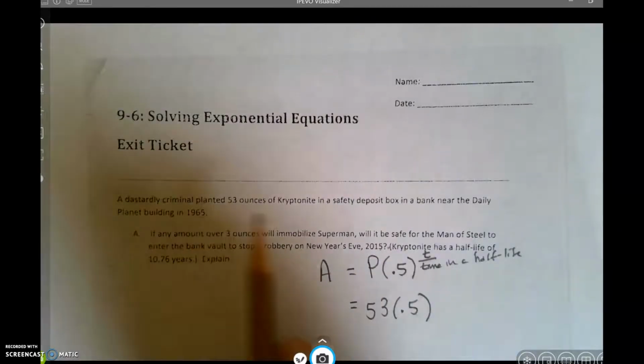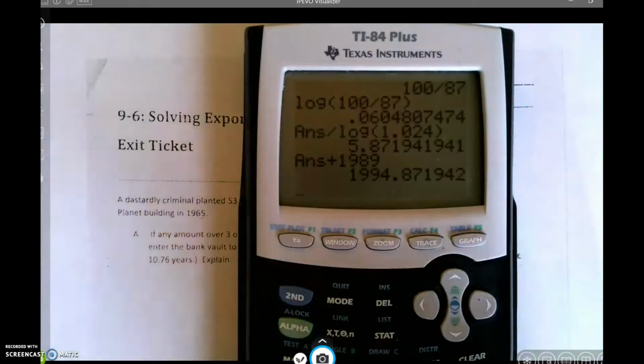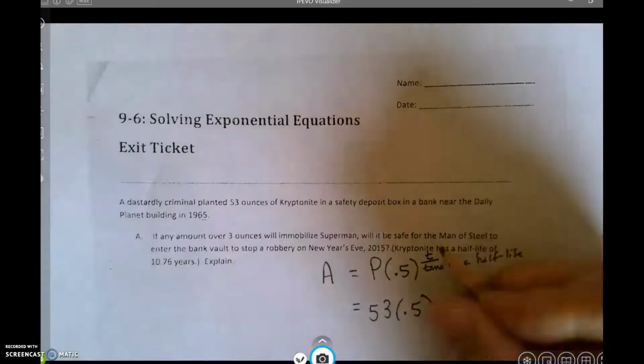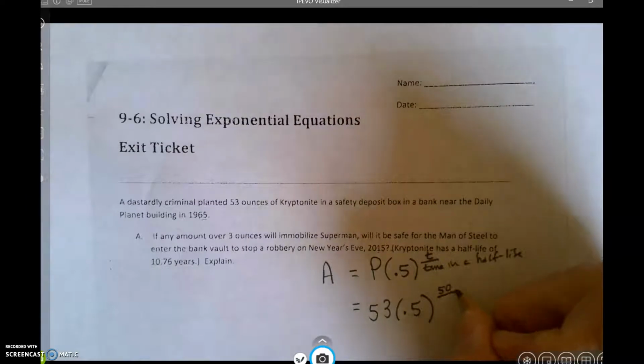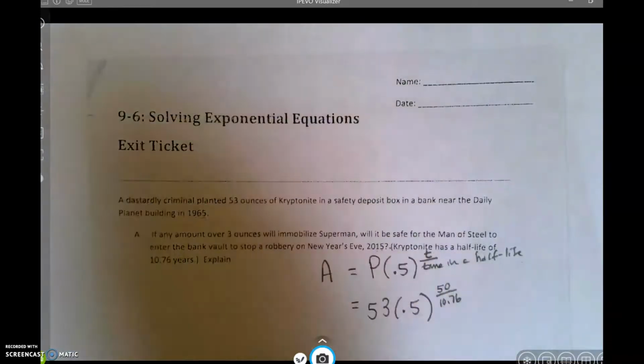So from 1965 to 2015, 2015 minus 1965, is 50 years. So I've got 50 years, and the time in a half-life is 10.76. I want to find out how much kryptonite is still left there.